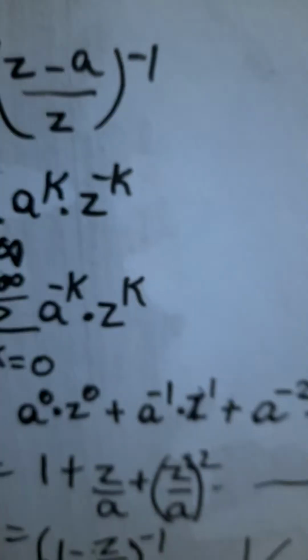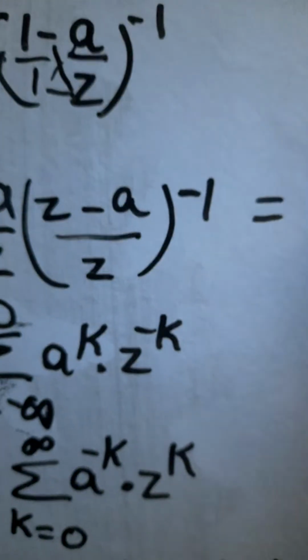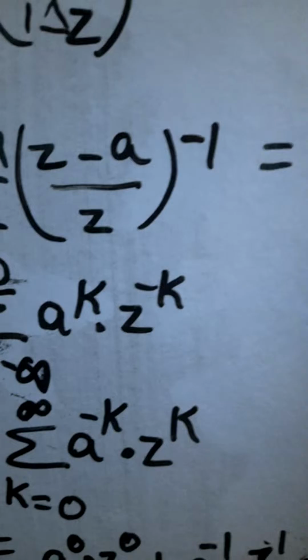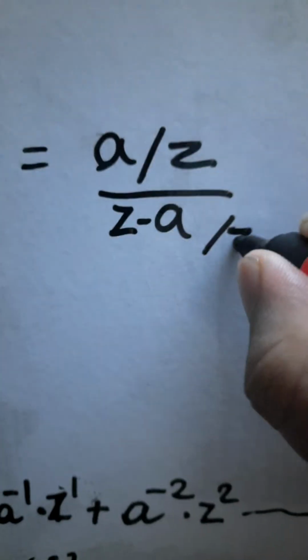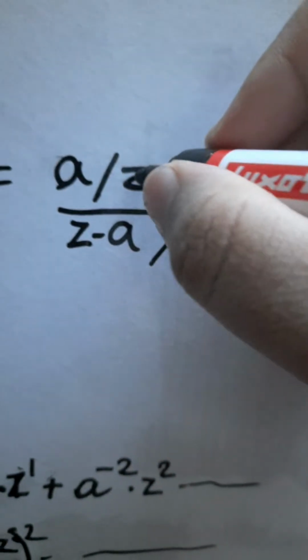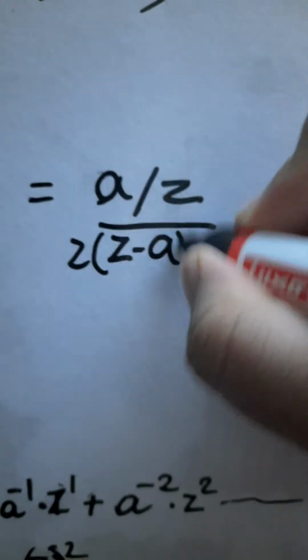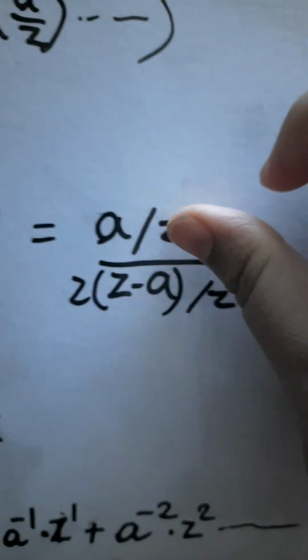Here you go. Now in this one there was some issue, I guess. So this is a by z, by (z minus a) by z. Right. So the numerator's denominator should be in the denominator, into z. So this is gone.